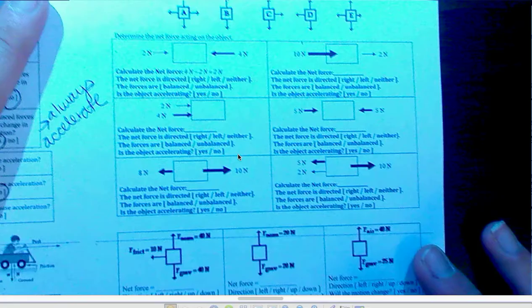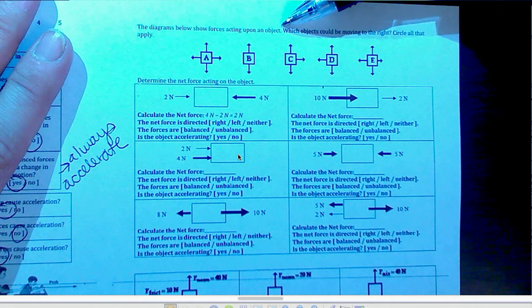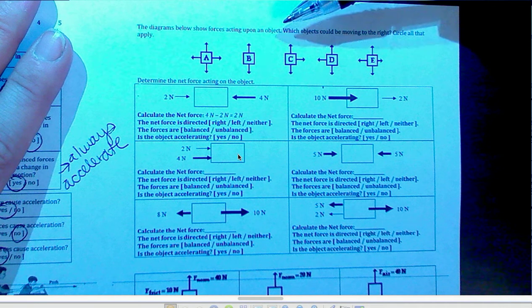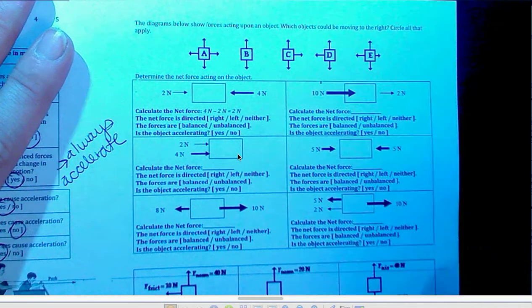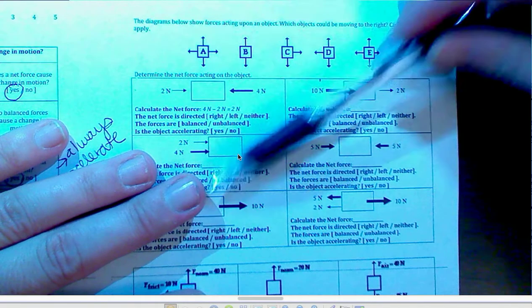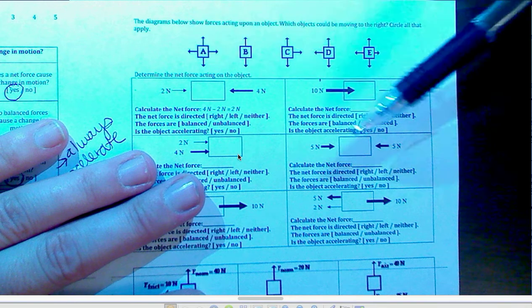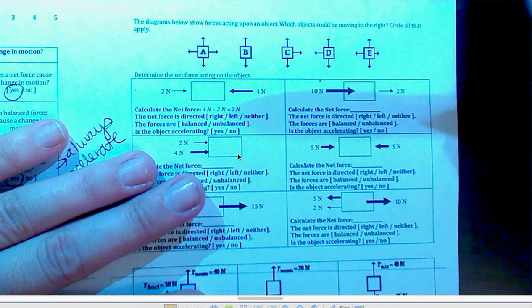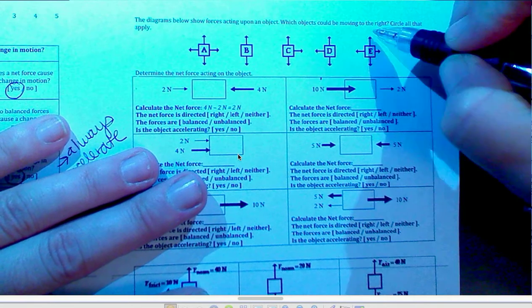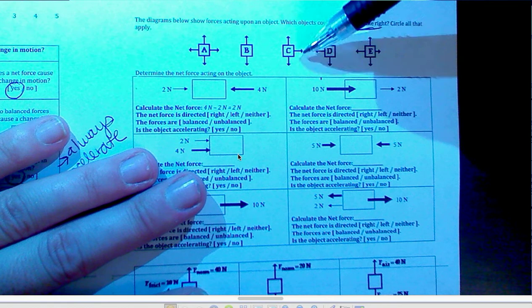All right, so let's do some practice problems. It says the diagram below shows forces acting upon an object. Which objects could be moving to the right? Circle all that apply. Here we see that all of our arrows are equal, so we're not going to move up, down, right, or left. Here it's only showing us forces going up and down, and they're equal, so it's not going to move up and down, but we're only looking for if it's going to move to the right.